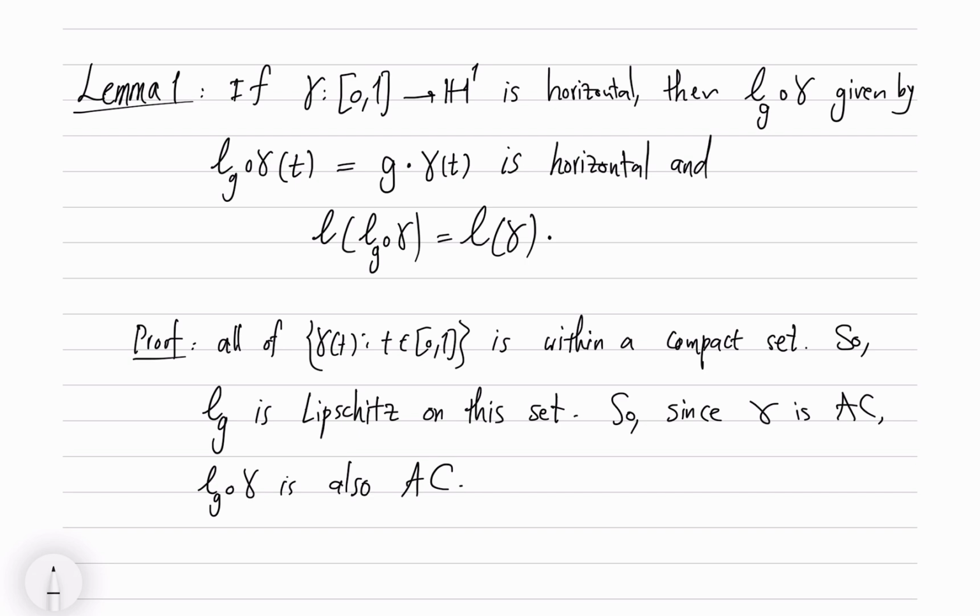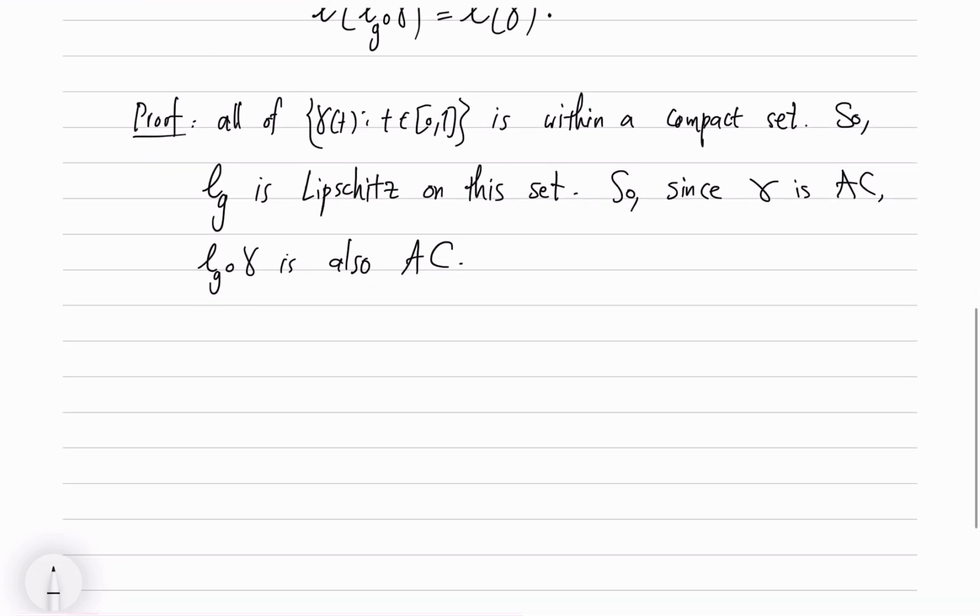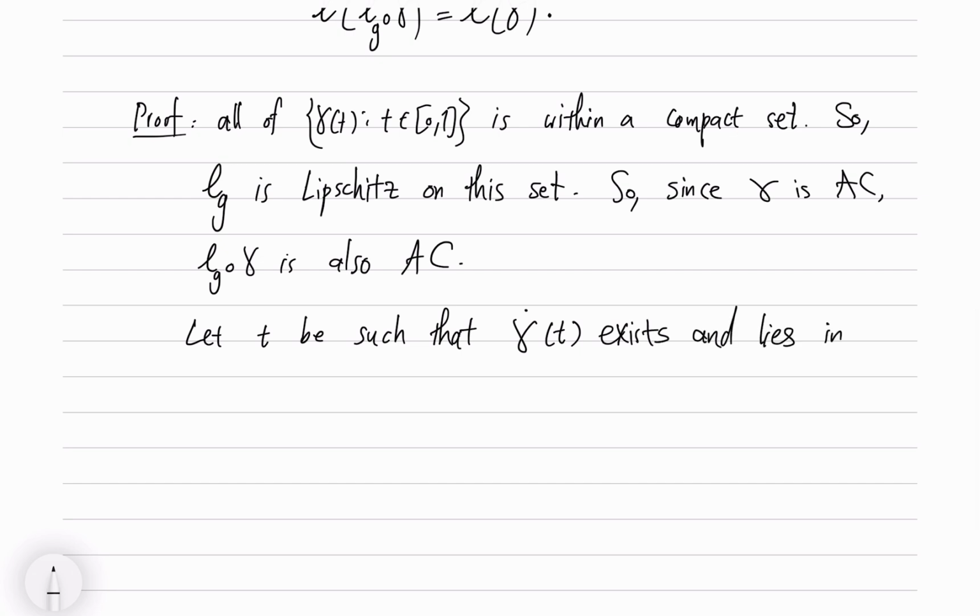Then almost everywhere its derivative is horizontal. Now let t be such that gamma prime of t exists and lies in the span of X at gamma(t) and Y at gamma(t).